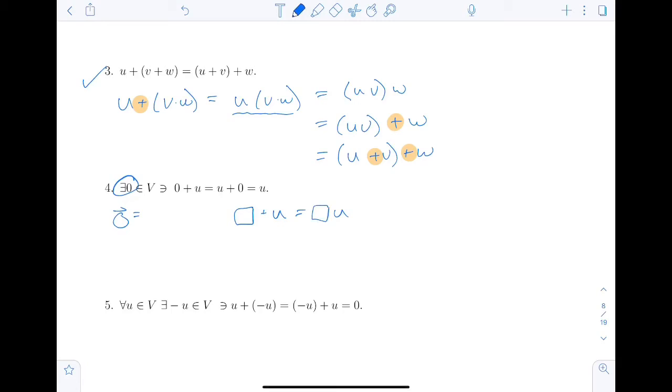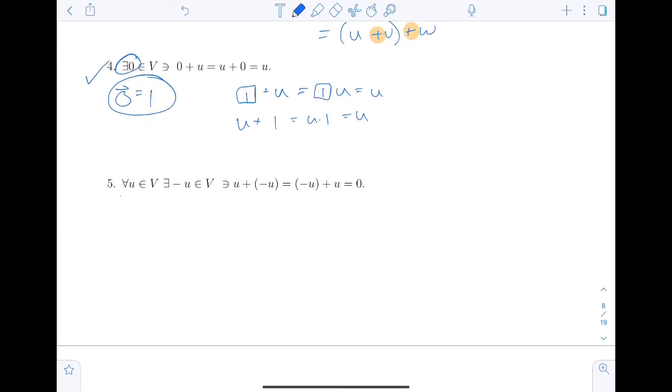So what number times u is u? That answer is 1. So the 0 vector is the number 1. u plus 1 is u times 1, which is u. At this point, our minds are blown. Something really weird is going on here. Again, the 0 vector in this land of positive numbers as a vector space is the number 1.